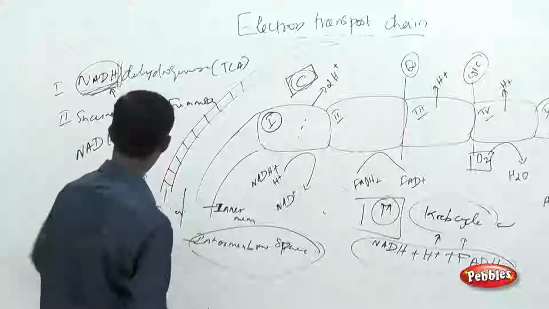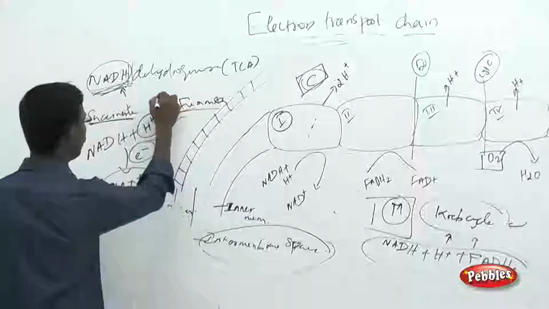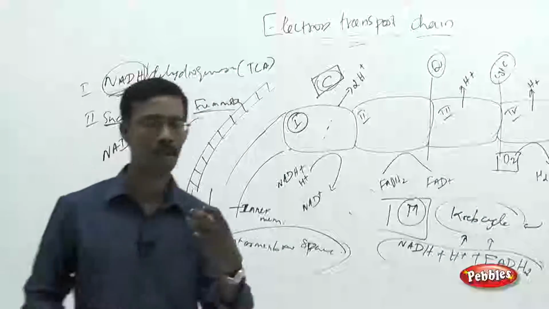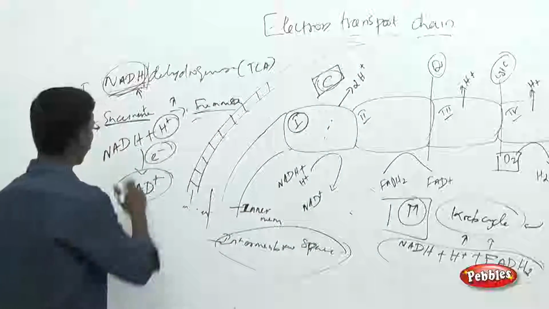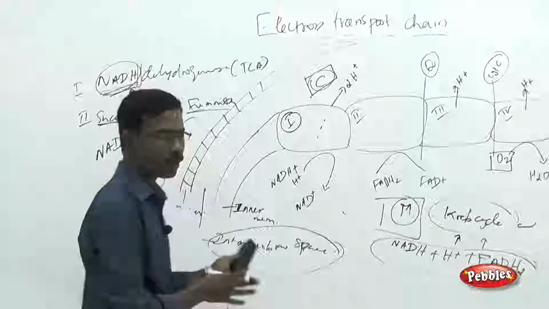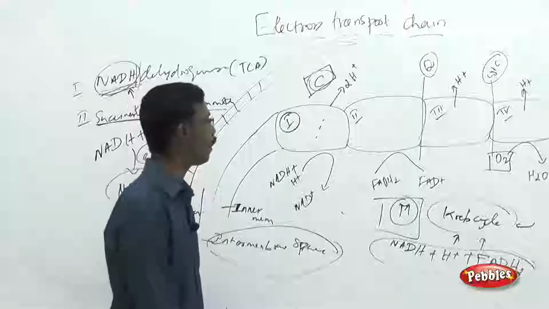In the same way, the second complex, succinate dehydrogenase, converts succinate to fumarate and liberates the FADH2 molecule, which is accepted by complex 2. Both complexes transfer the electrons to an intermediary molecule.